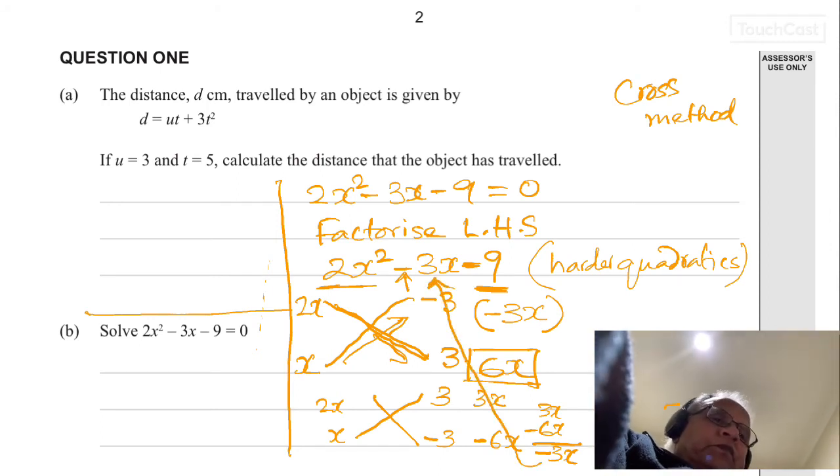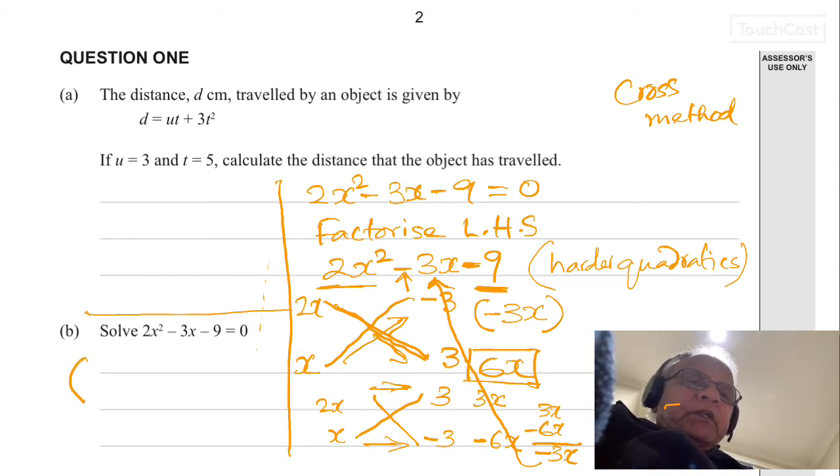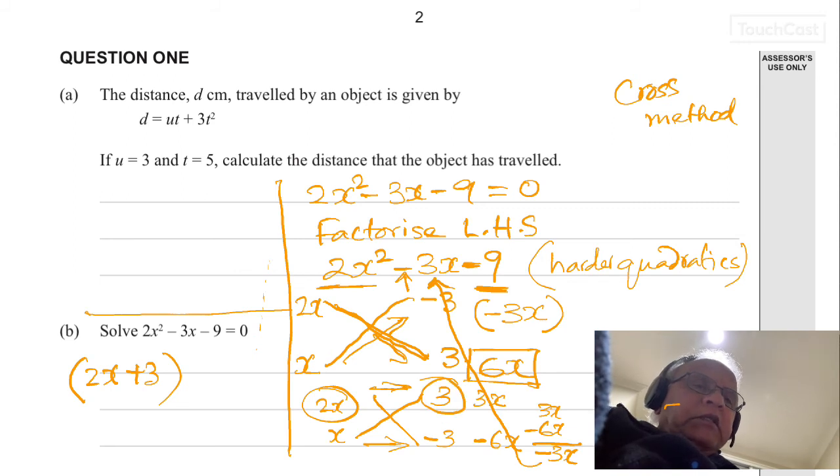Now what I'm going to do, I'll follow the horizontal path, the top path and bottom path. And the top one is 2x plus 3. See that? 2x plus 3. And the bottom path gives you x minus 3.